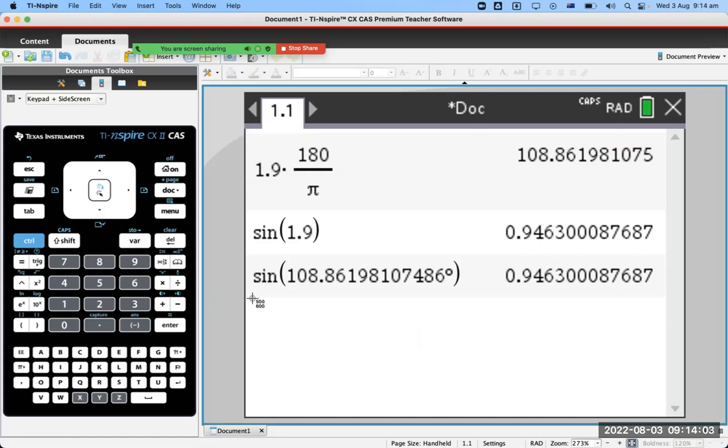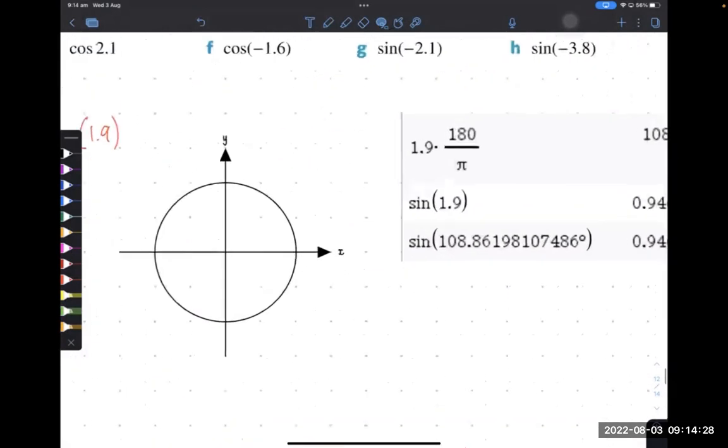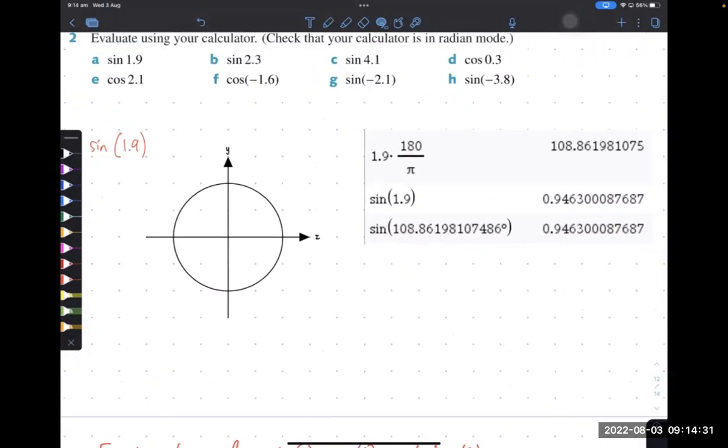But what does this mean? Because right now, this just looks like a number to us, right? What does this look like on the unit circle? Well, we know the location of the angle, do we not? We do. So let's find the location of this angle on the unit circle. So on the unit circle here, what angle are we looking at? 109 radians or degrees? 109 degrees.